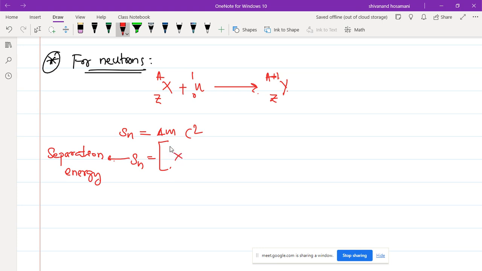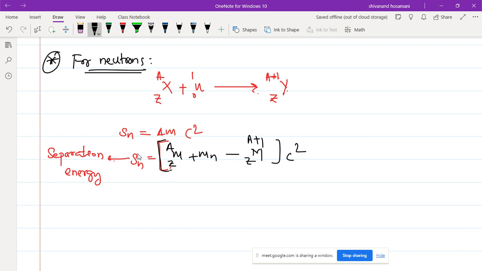If I rewrite that in terms of M, it is the mass of X with Z and A, plus the mass of the neutron Mn, minus the mass of the product, A plus 1 with Z, into c square.